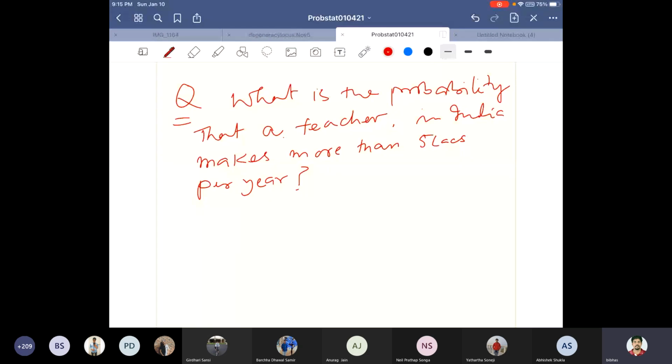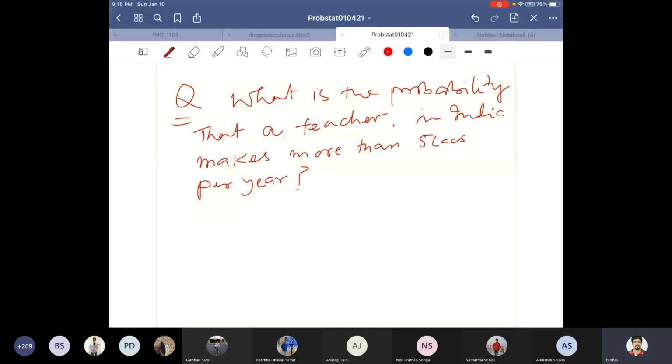Suppose you consider your own state, or your own district. Then, based on your sample, you can say, I did a survey, and the probability is 0.9, or the probability is 0.8. Somebody did it in some other district, and his or her answer will also be something else.